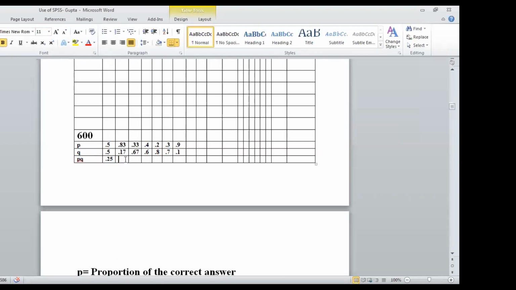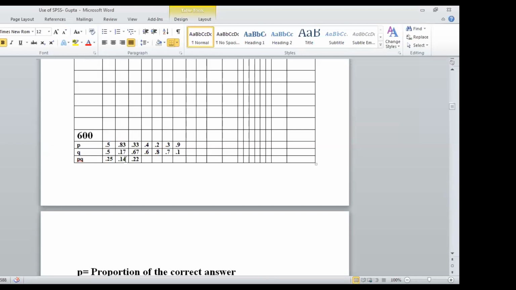Now you can multiply 0.83 by 0.17, and this will be 0.14. Now 0.33 multiplied by 0.67, and this will be 0.22.